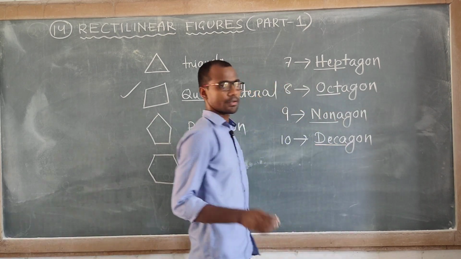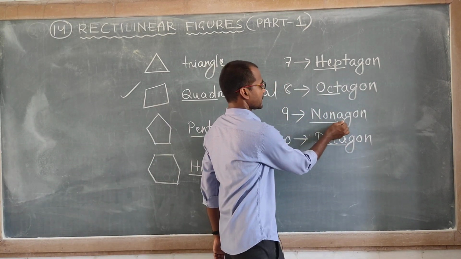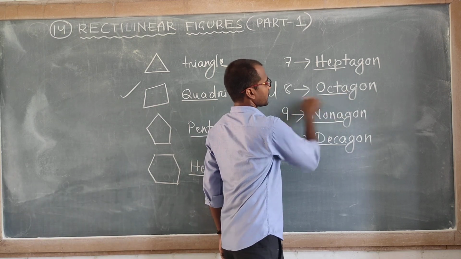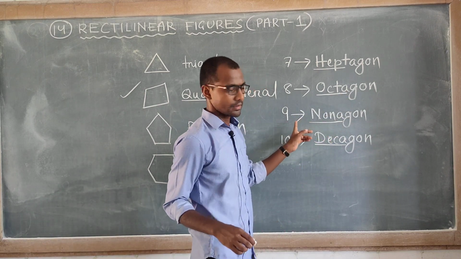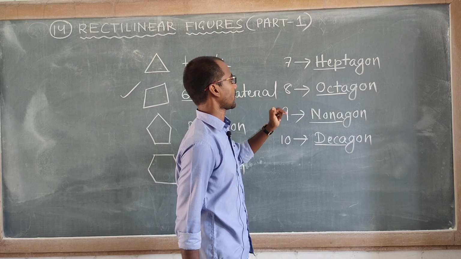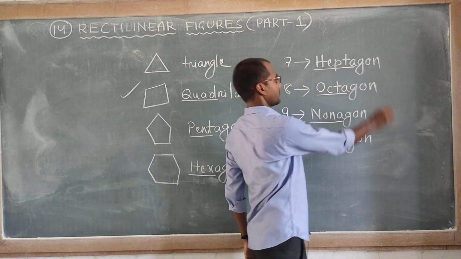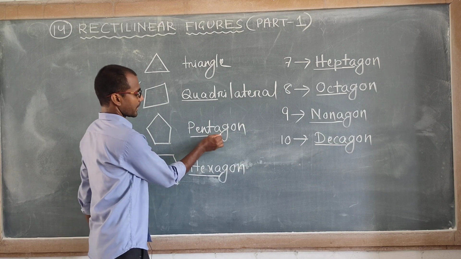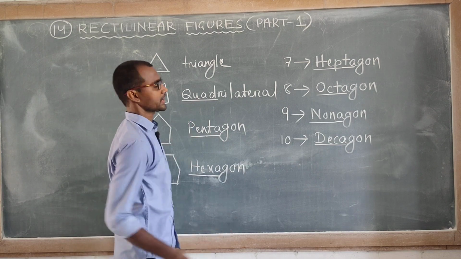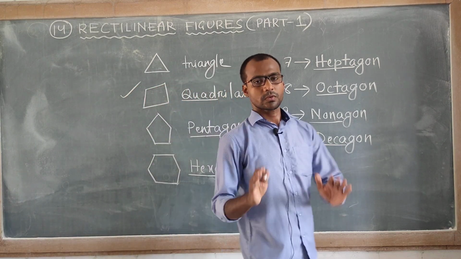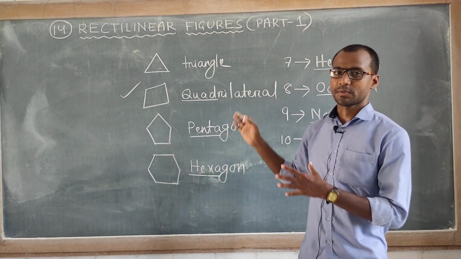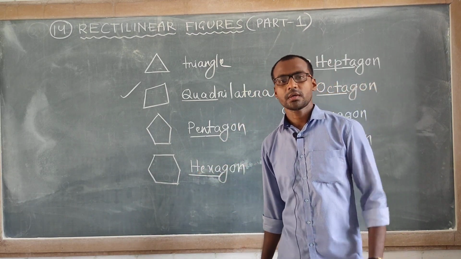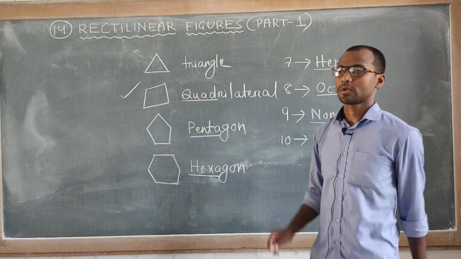Deca means 10. Nona means 9. Octa means 8. Hepta means 7. Hexa means 6. Penta means 5. Quad means 4. So these are some special types of polygons. Triangle, quadrilateral, etc. So remember this.